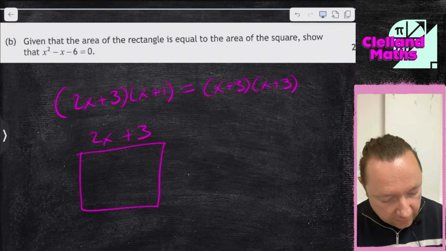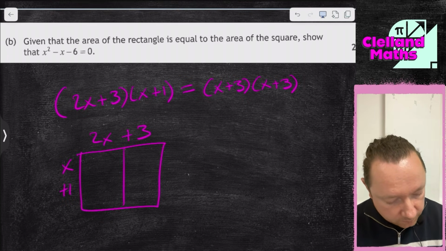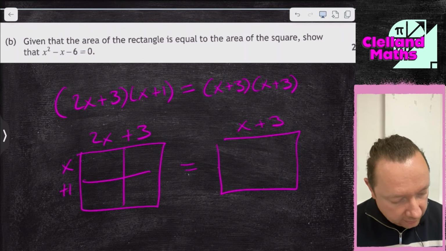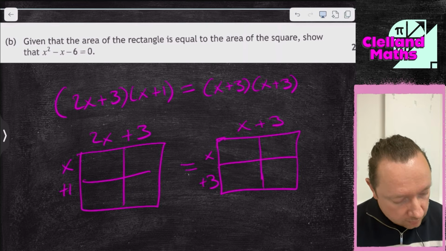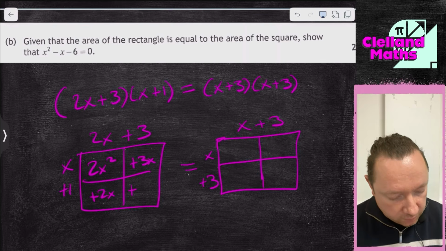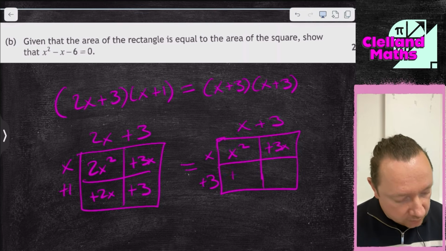2x plus 3, x plus 1 equals x plus 3, x plus 3. 2x squared plus 3x plus 2x plus 3, x squared plus 3x plus 3x plus 9.